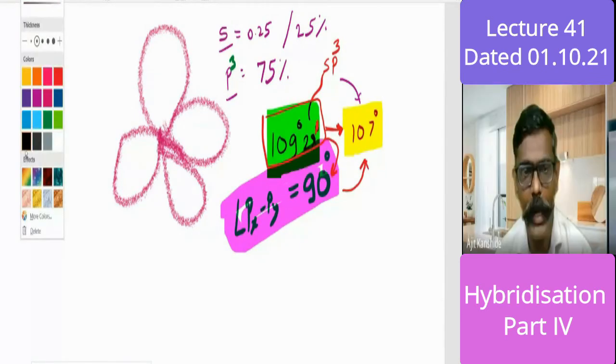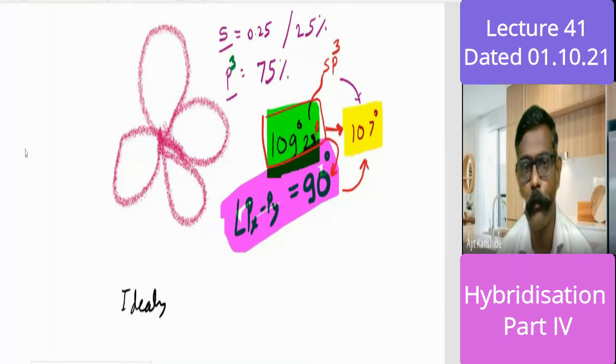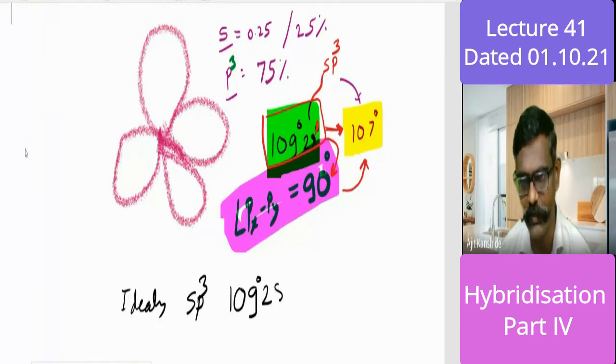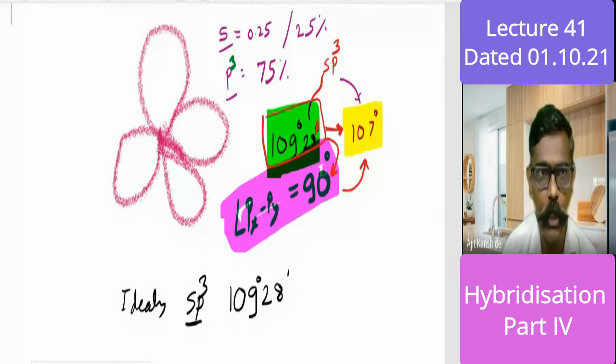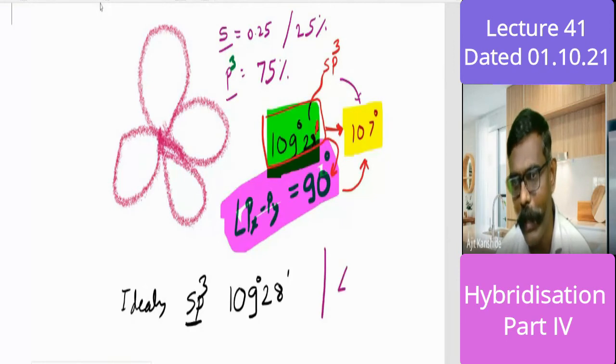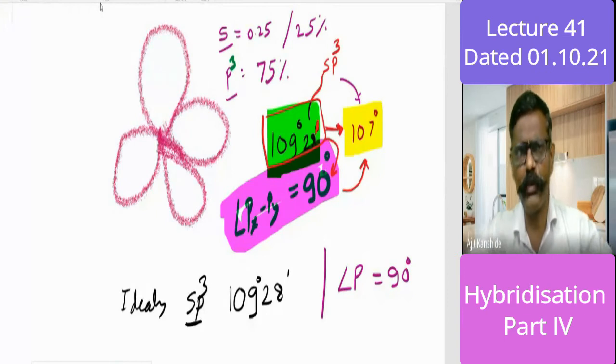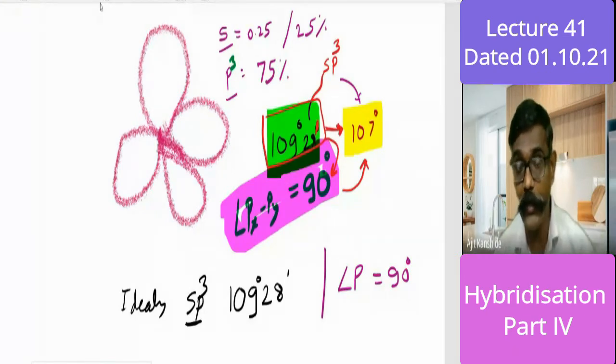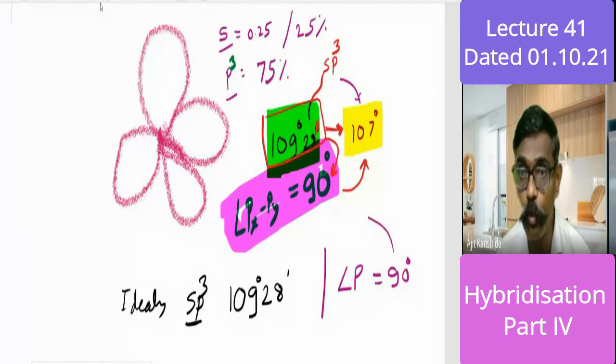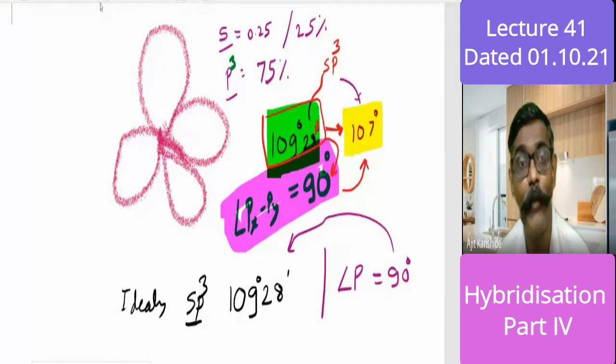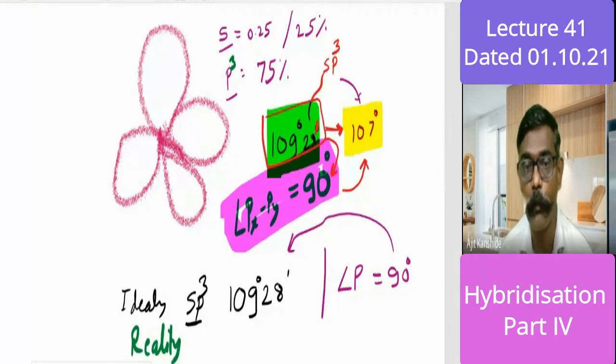Ideally, we expect for sp3 hybridization, bond angle as 109 degree 28 minutes. The orbitals from whom this sp3 hybridization is obtained, which orbitals are there? P orbitals. Angle between P orbitals is 90 degree. Means freely they can arrange. But reality is bond angle is 107 degree.